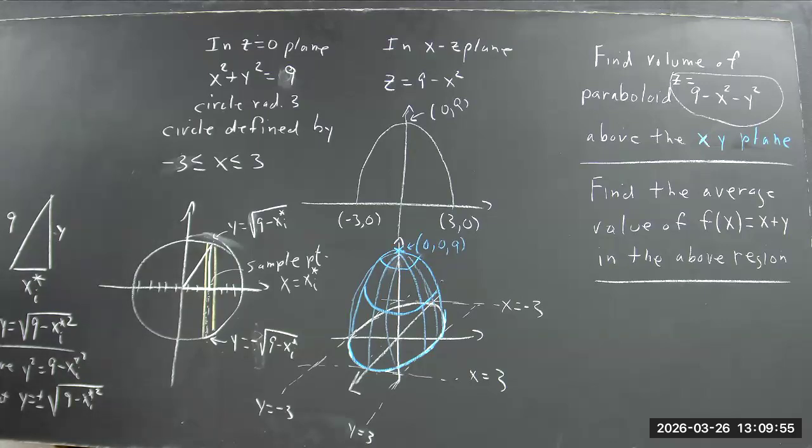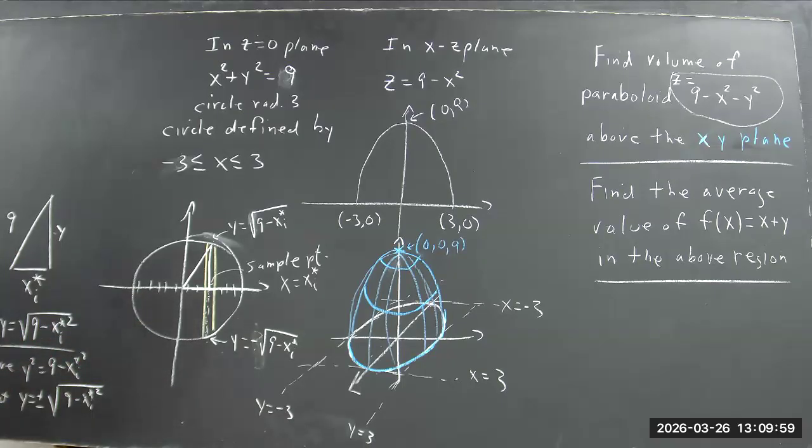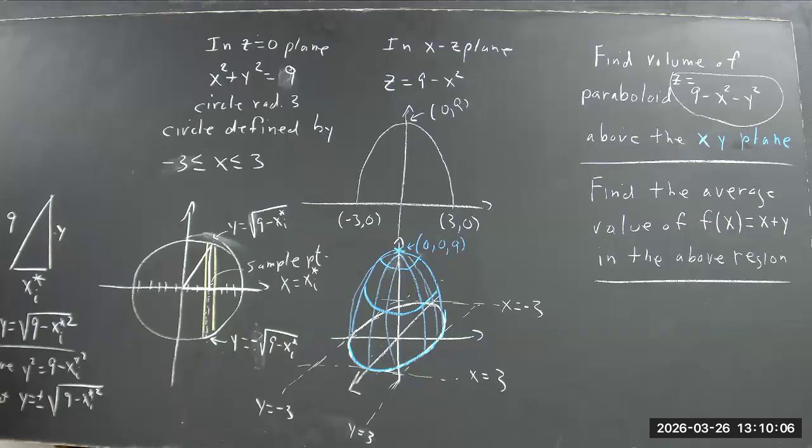All right. Okay, so we can describe this circle. Well, first of all, x goes from -3 to 3. Now, if you know what x is, what are the limits on y?